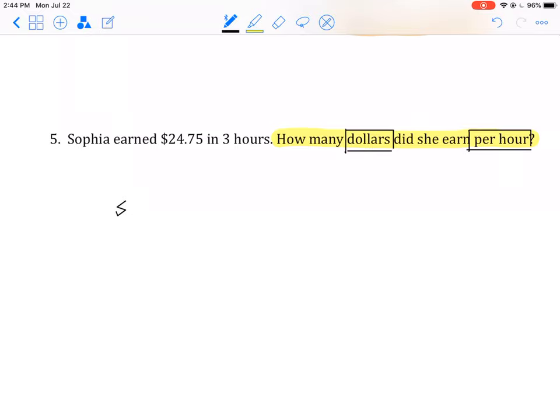Okay, dollars on top. Again, that's not a rule. It's just a suggestion. Hours on the bottom. Actually, in this one, it does need to be on top because that's the order of the question. So dollars per hour, dollars over hours. So $24.75, and don't lose your decimal, in 3 hours.